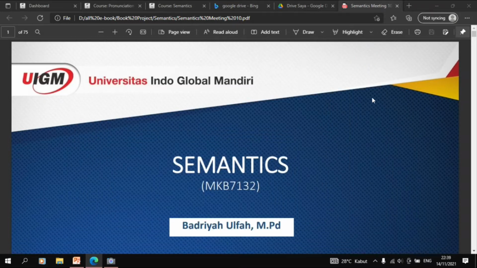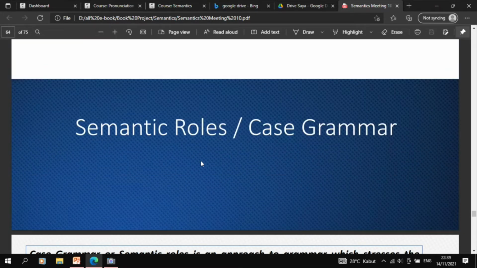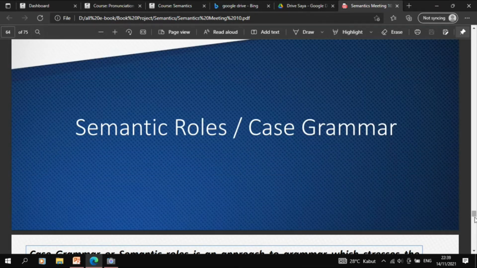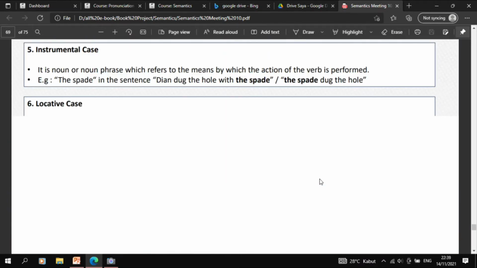Okay, so we're going back to semantics. Let me come directly to our slide, and now we are already on slide 75. We already have 75 slides for our class.